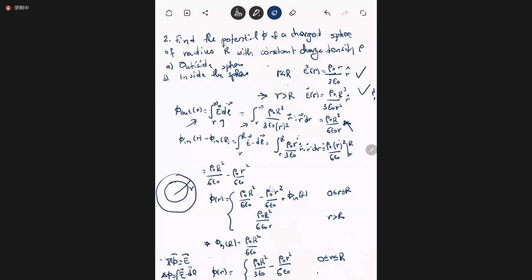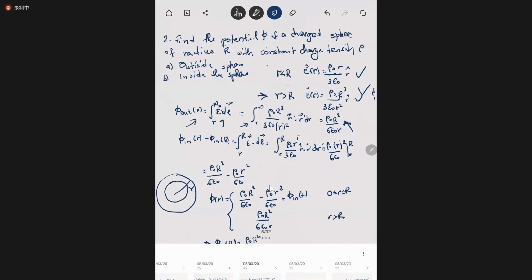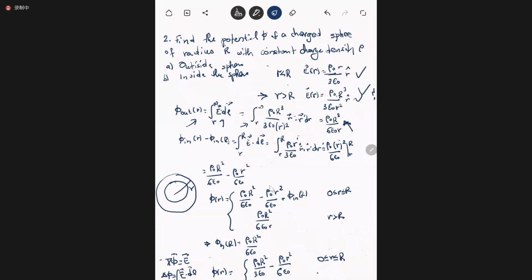Now, if you go back, we're able to find that this expression here is the value for E outside the sphere. So it's basically rho 0, which is the density, and then R cubed, where R is the radius of the sphere, over 3 epsilon 0, the permittivity of free space, and then times r squared.